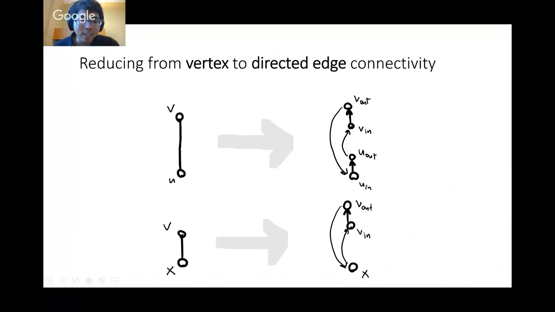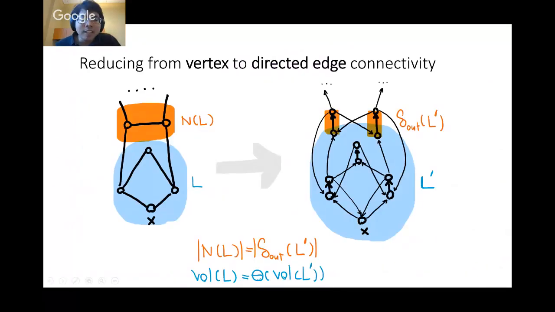For a seed vertex X, just to simplify things a bit, I won't split the node X. So this is the standard reduction, and just to convince you by picture, if you look at any cut L, any set L containing X, with its neighbor set N(L), once you do the reduction, you'll see that the number of neighbors of L and the number of edges going out from L prime are the same.